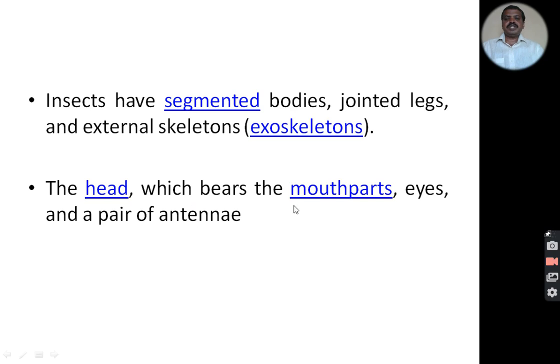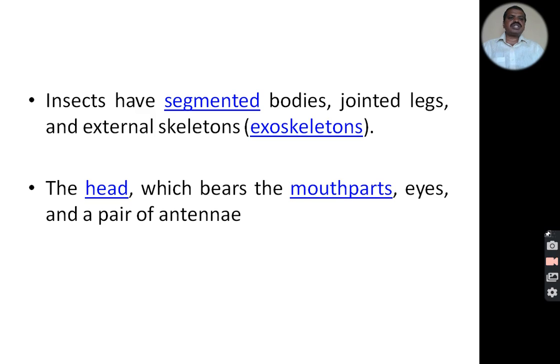The head usually bears the mouth parts, and these mouth parts are different in different insects according to their feeding habit. For example, in the previous classes we have seen the mouth parts of cockroach, honeybee, and housefly, where you can see the upper lip, lower lip, the mandibles, maxilla, and the hypopharynx.